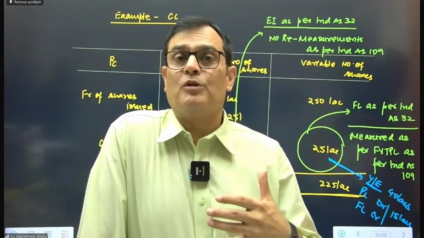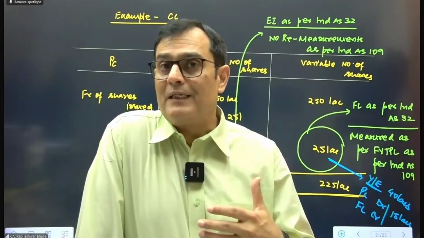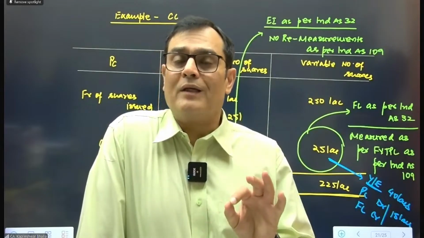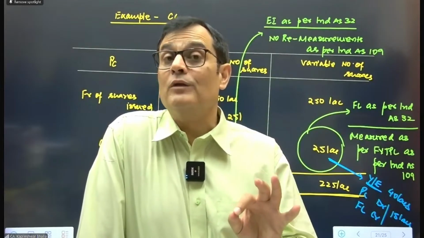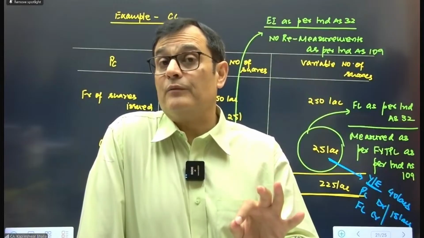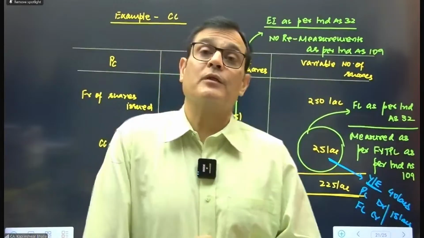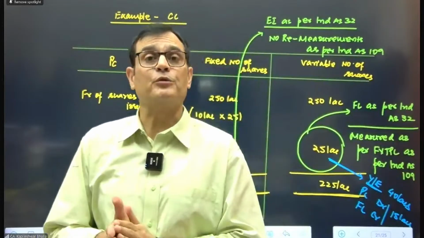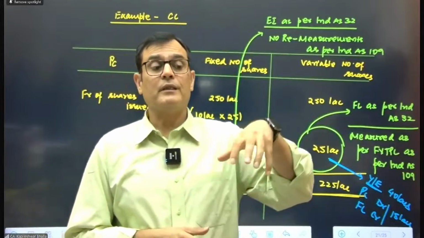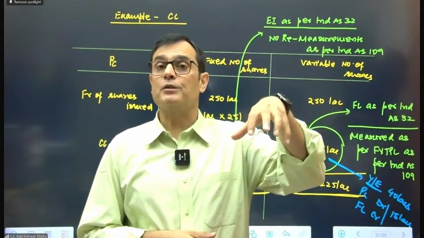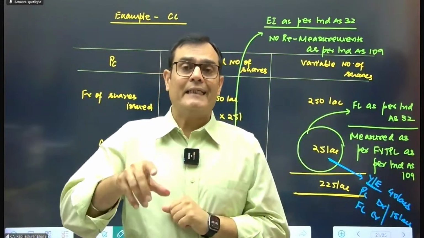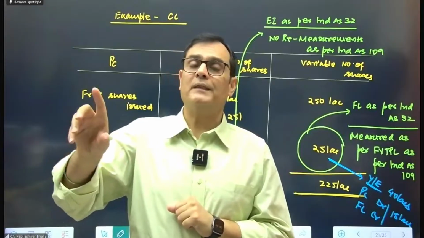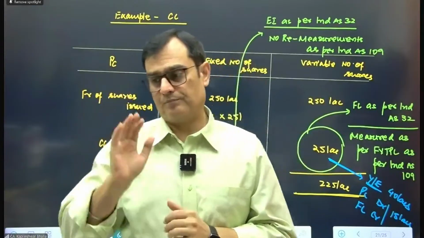In case one wants to get the consolidated balance sheet on date of acquisition, 103 can help you to get only a consolidation on date of acquisition. Subsequent consolidations will never be as per 103. Any consolidation done thereafter will be as per 110 only.